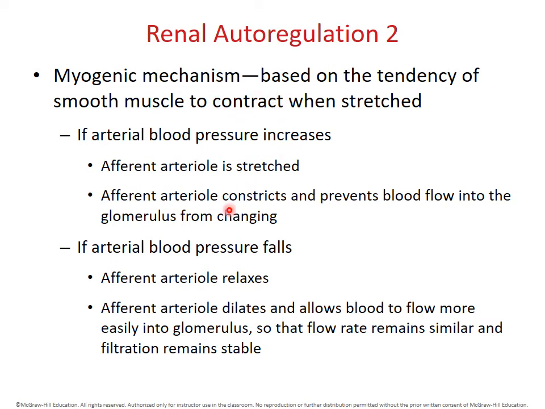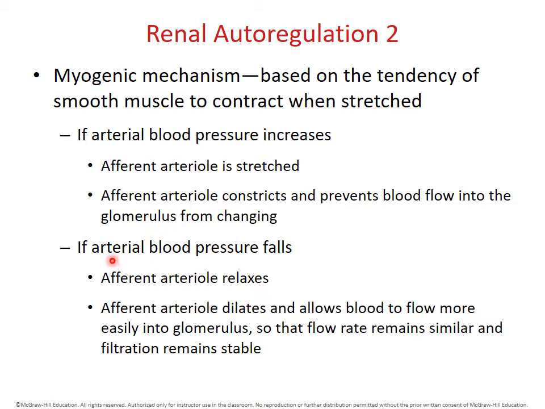And so what we get is automatic constriction of the afferent arteriole. This reduces blood flow into the glomerulus and prevents the blood pressure from rising within the glomerulus. So as arterial systemic pressure increases, we don't see a commensurate increase in glomerular pressure because of this protective vasoconstriction that the afferent arteriole undergoes.